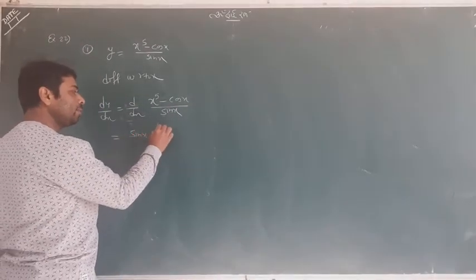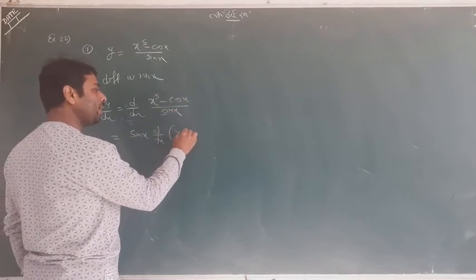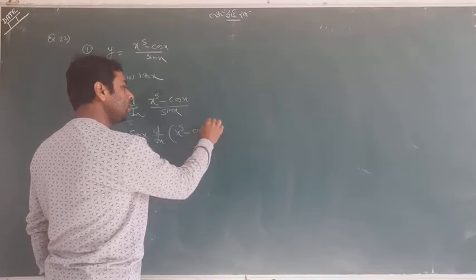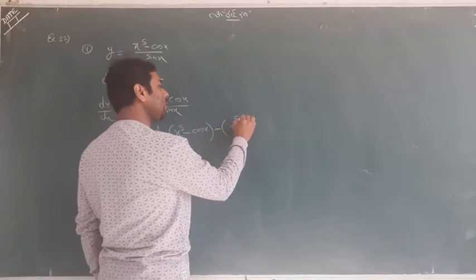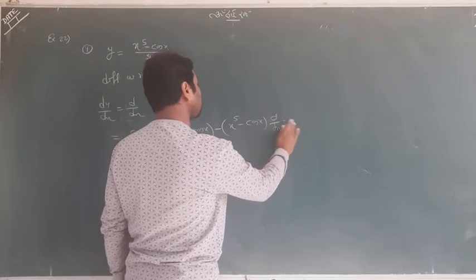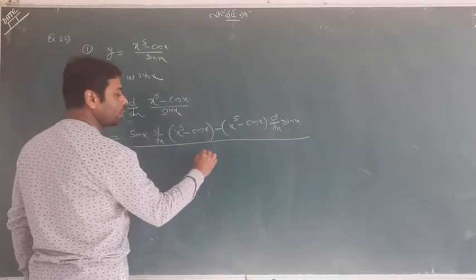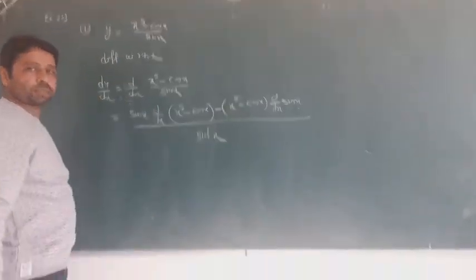Denominator as it is, differentiation of numerator, because it is binomial I will use a bracket, minus the bracket d by dx of sin x, whole upon the square of the denominator, meaning sin square x.